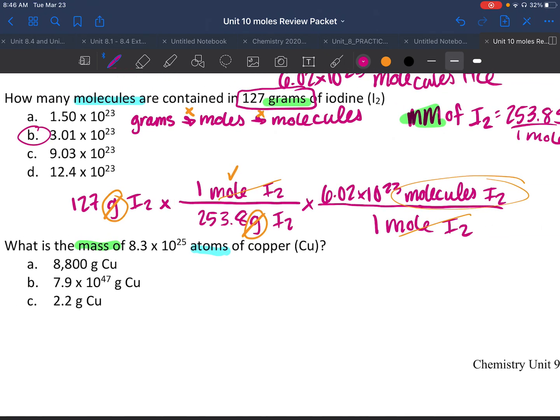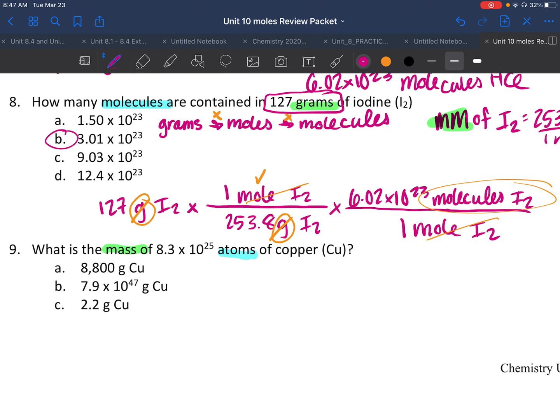All right, number 9. This one's asking what the mass is of so many atoms. So again, we don't talk about moles at all, so we know it's a double conversion. If we think about the number we start with, we're starting with how many atoms of something we have. So we start with atoms. Ultimately, we want to get to grams, but we have to go to moles first and then grams. So grams or mass.